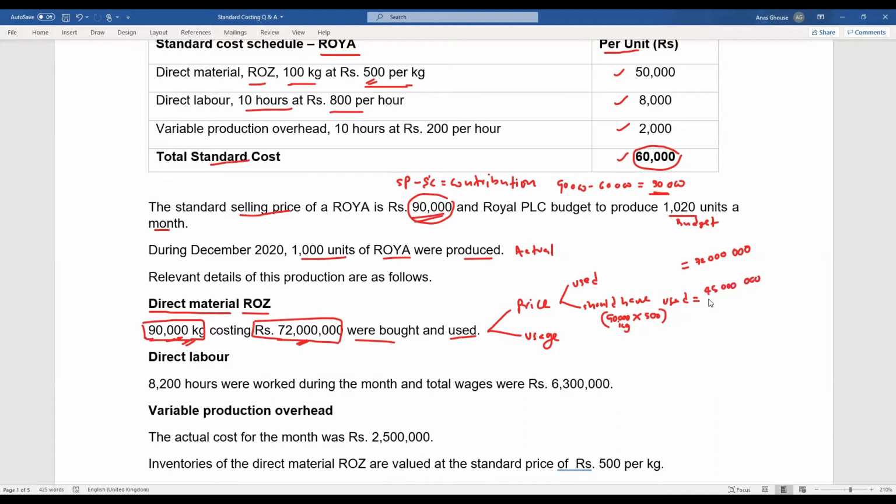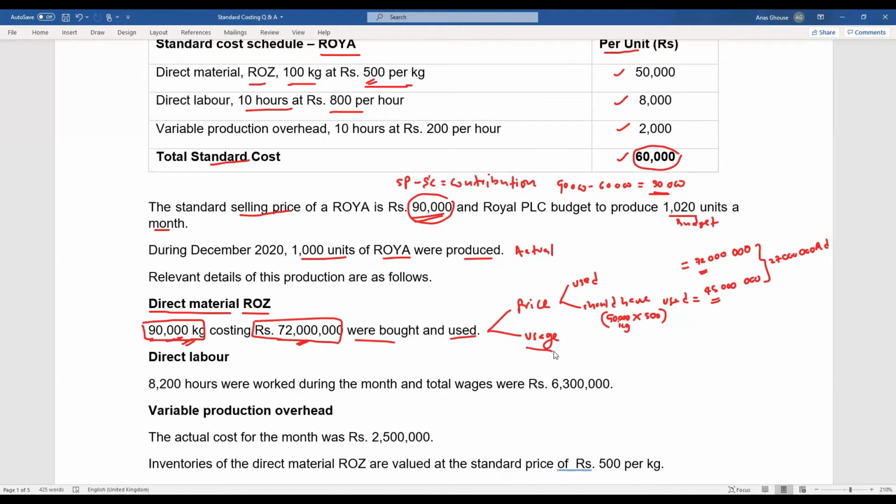Therefore we have a price variance, a difference of 27 million. Is this adverse or favorable? We should have paid 45 million; however, we paid 72 million. So therefore, this is an adverse variance. This is the price variance.